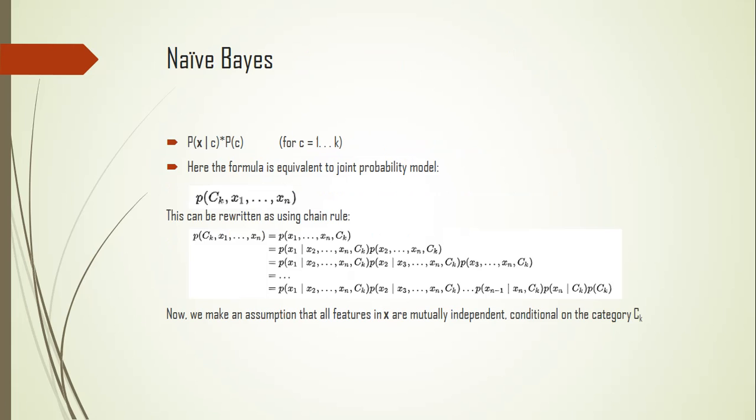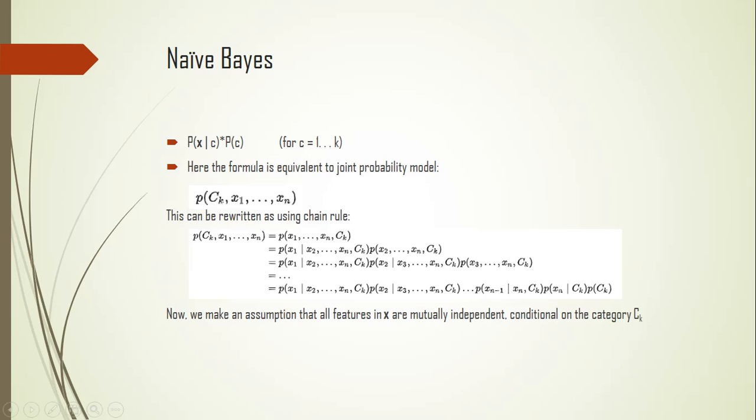Now for the naive Bayes formula, we have the probability of C given X equal to the probability of X given C multiplied by the probability of C, for all K classes. So the formula is equivalent to the joint probability model as explained below. We have n words in our document and K classes.